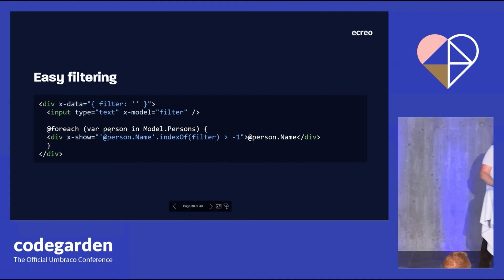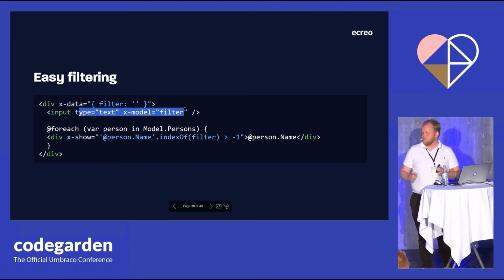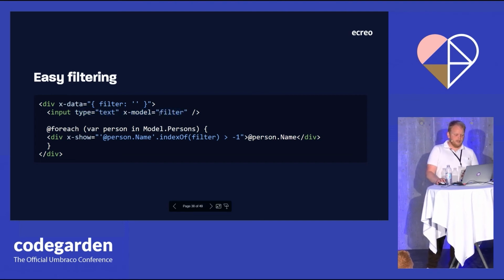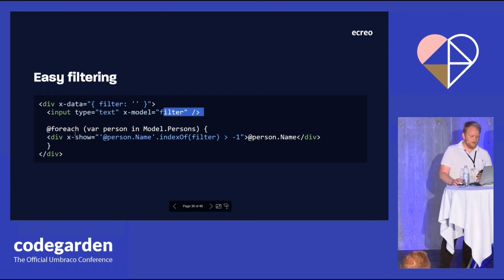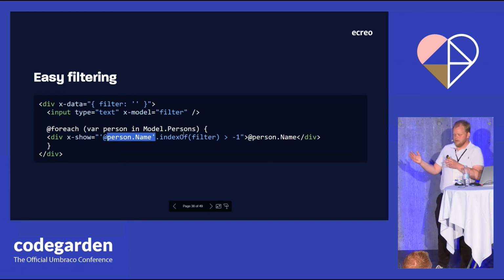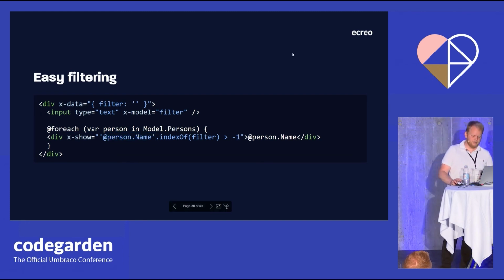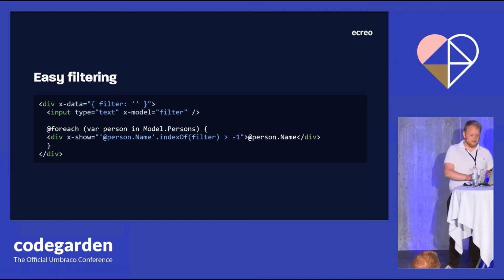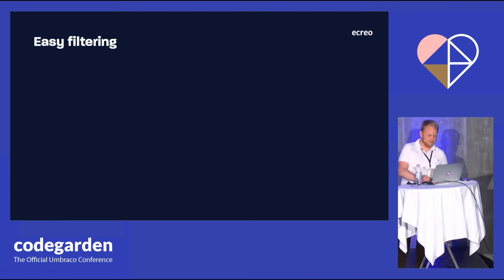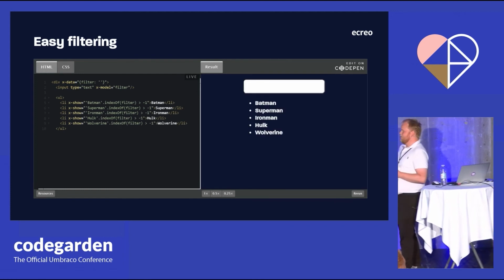And with Alpine, we simply add a text field for searching in this. We have the two-way data binding here with the x-model, updating the filter value. And then for each person, we show them if the name contains whatever the user has put into the filter value. So, of course, if you have hundreds of persons in the list, you shouldn't do this. You should do some kind of server-side filtering instead. But this is how it would look.